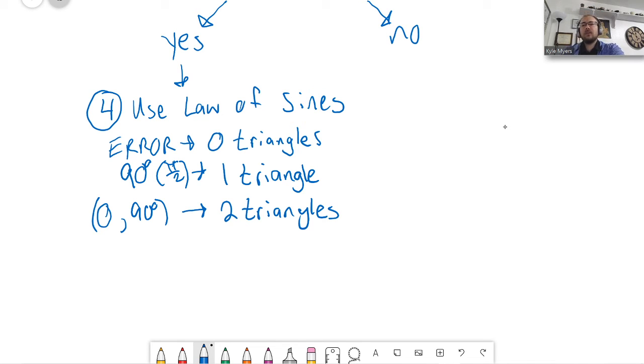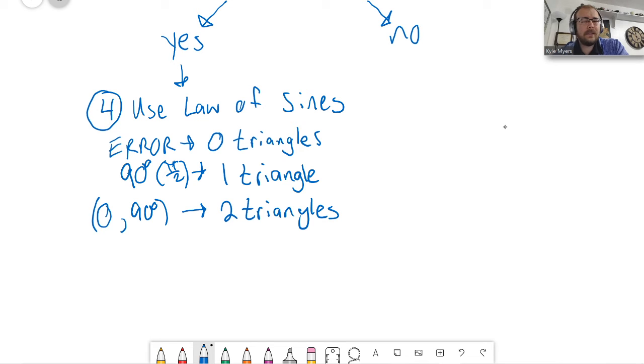Okay, so if you have error or 90 or 0 to 90, I'll let you think about that for a second, because I don't know if you noticed, but there's no option for obtuse angles here. And that's actually on purpose, because if you have an acute angle, it's going to result in another answer being the obtuse version of that.